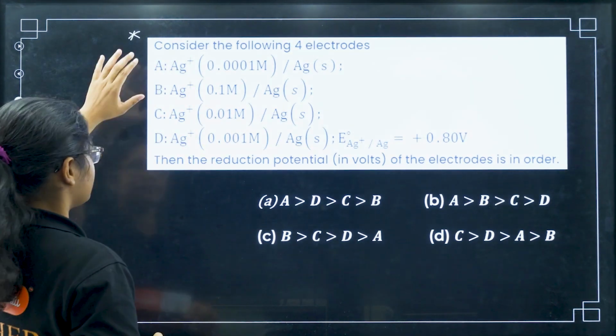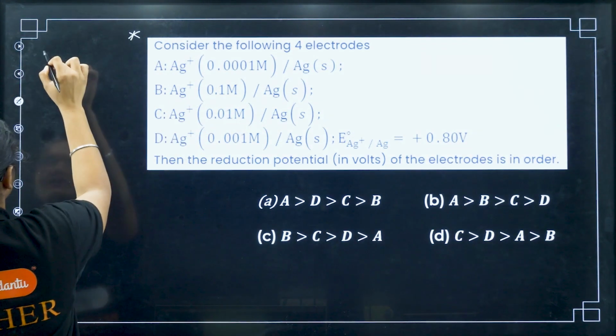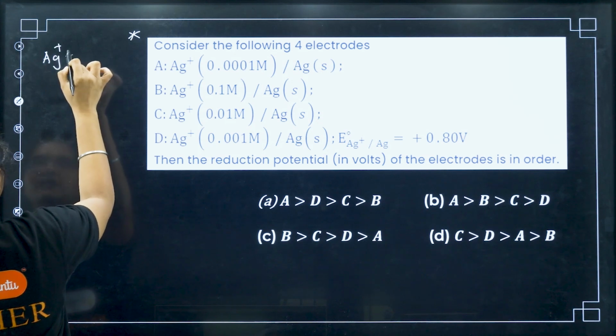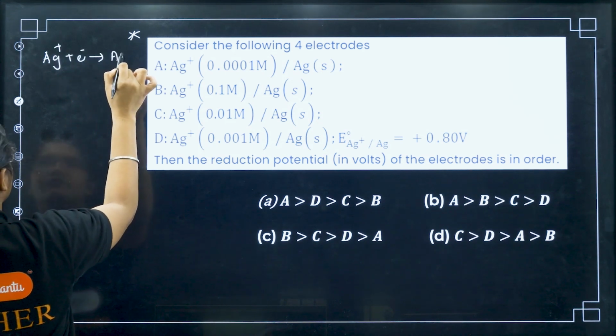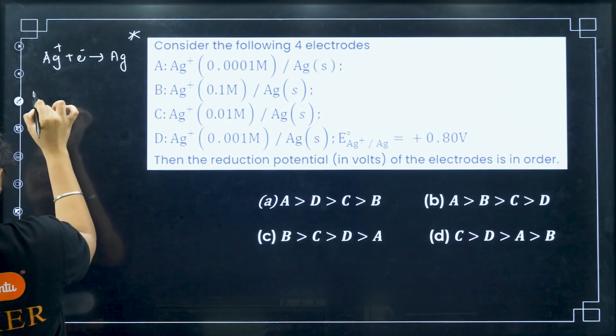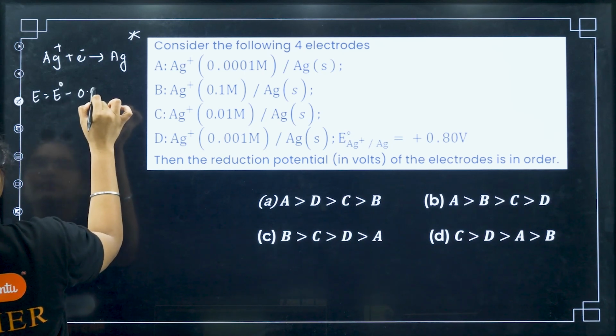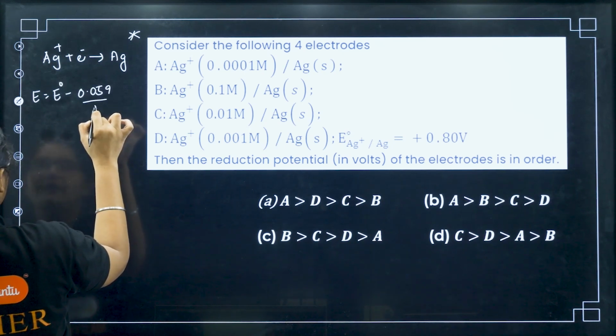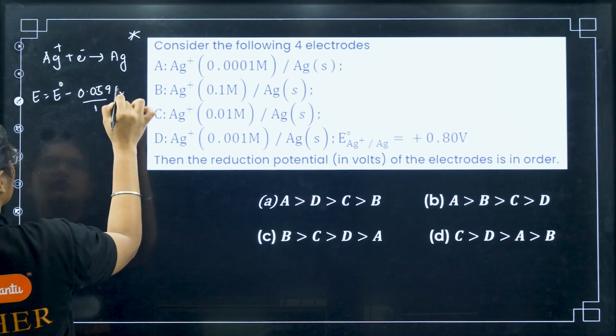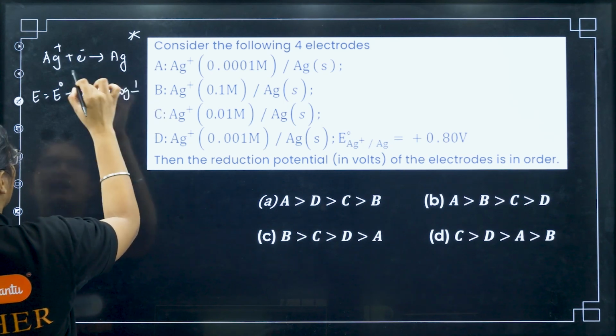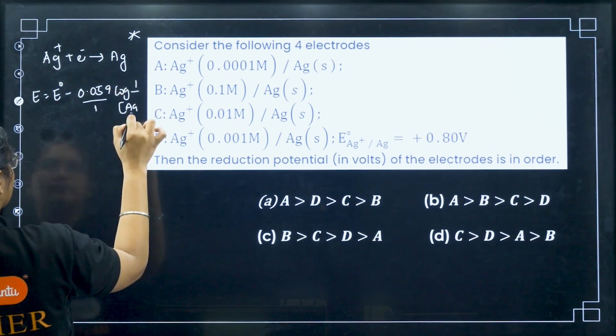So you see that we have a reaction like this where Ag plus 1 electron is giving me Ag. Okay. So what is the E value? It will be E0 minus 0.059 by n, n will be 1 here, log of 1 by Ag plus concentration, right?